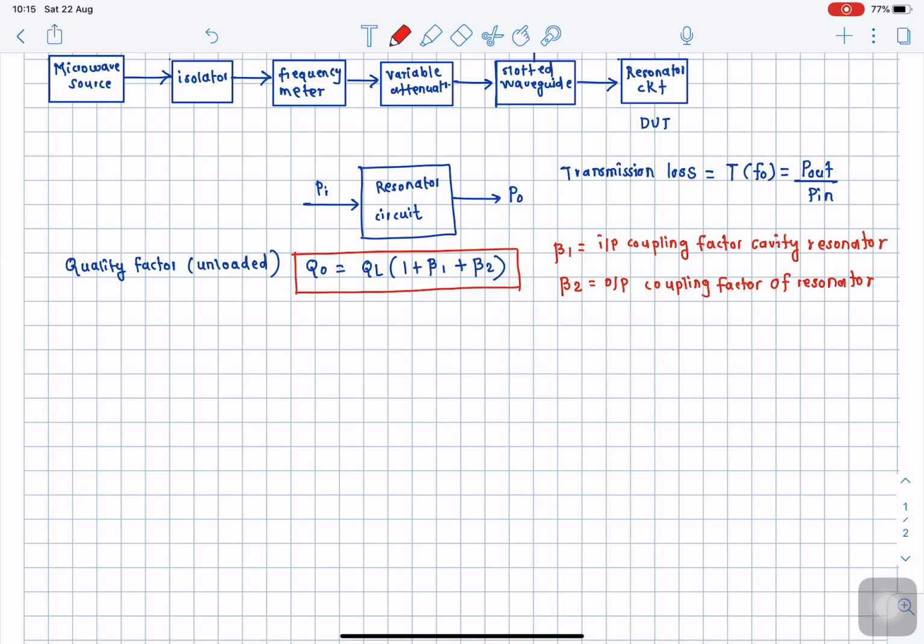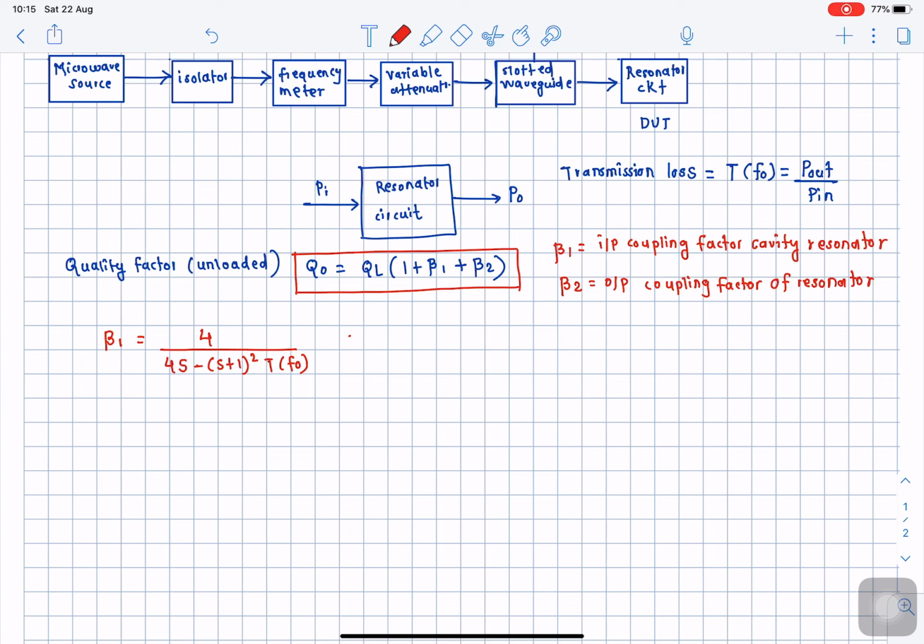Okay, so beta 1, the input coupling factor, is expressed in terms of voltage standing wave ratio at resonance, and it is given by 4 divided by 4s minus (s plus 1) whole square into transmission loss at resonance.